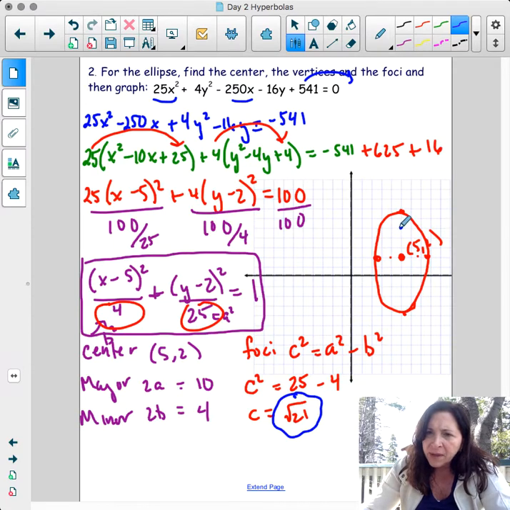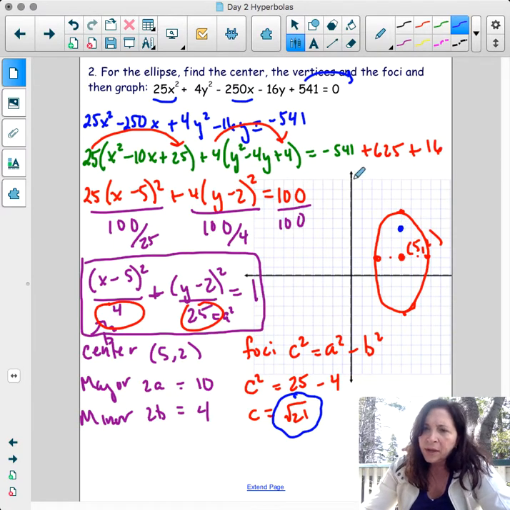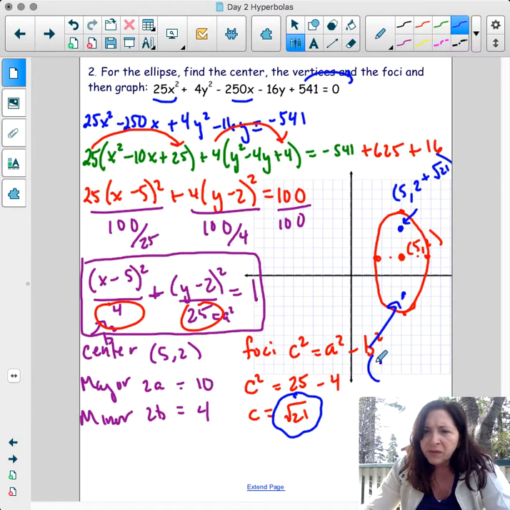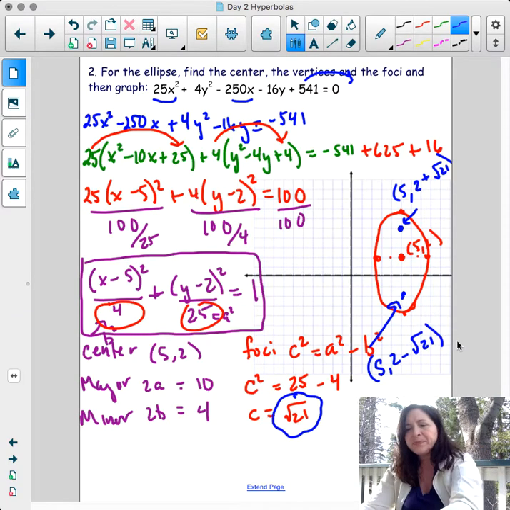So my foci being around here, the square root of 21 is not quite 5, not quite 4, it's more than 4, less than 5. This focal point is going to be 5, 2 plus the square root of 21. And my focal point down here is going to be parenthesis 5, 2 minus the square root of 21.